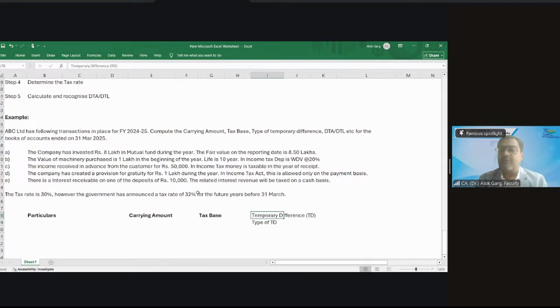Which type am I talking about? DTA or DTL? Is it a taxable temporary difference in future, or a deductible temporary difference in future?